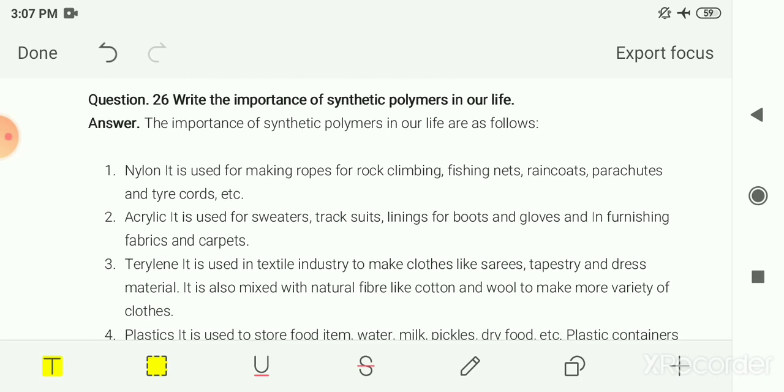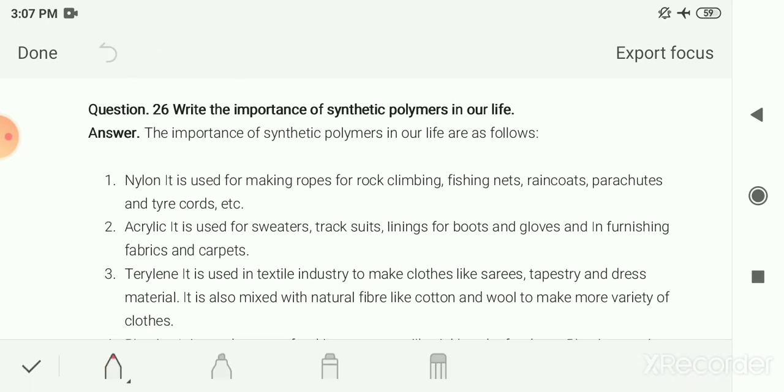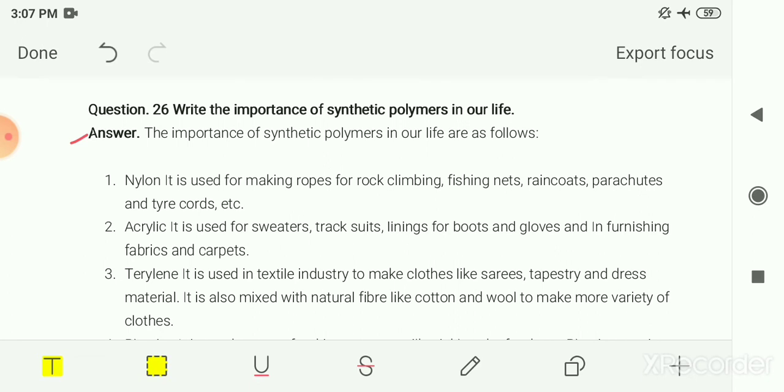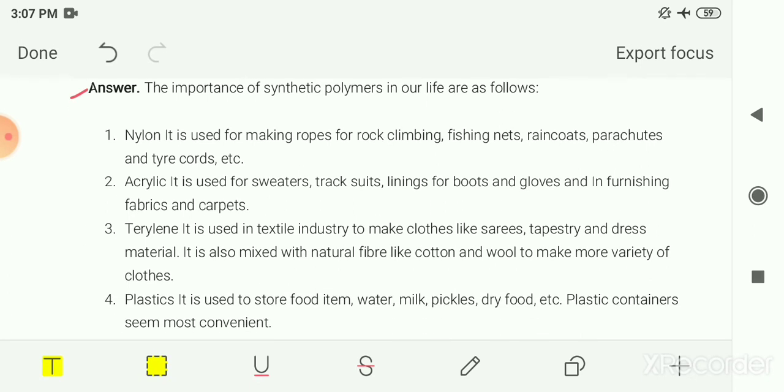Next, now question 26, write the importance of synthetic polymers in our life. So the importance of the synthetic polymers in our lives, or the uses of synthetic polymers, are given to you. In this first one, nylon.